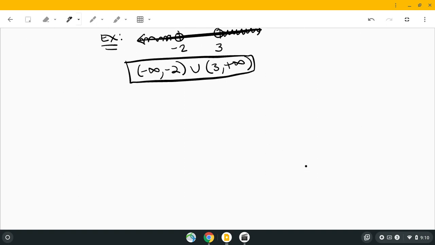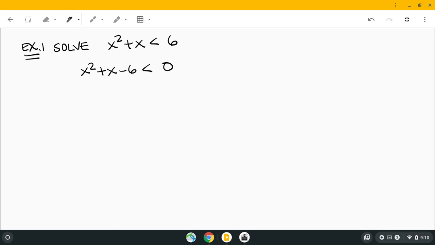All right, so let's take a look at an example. Let's solve this inequality, x squared plus x less than 6. The first step says to rewrite this set to 0. So x squared plus x minus 6 is less than 0.